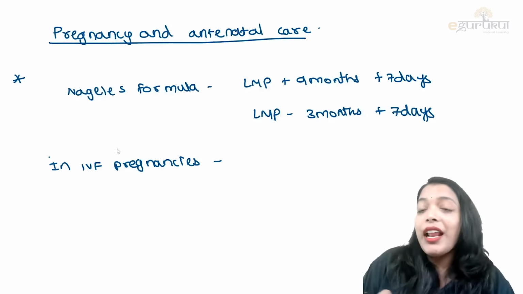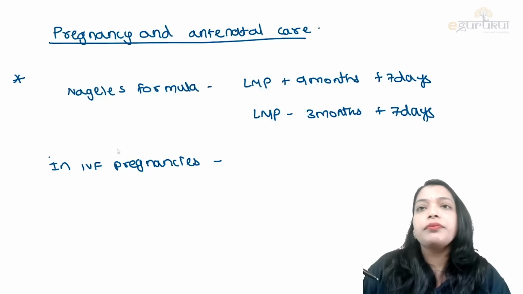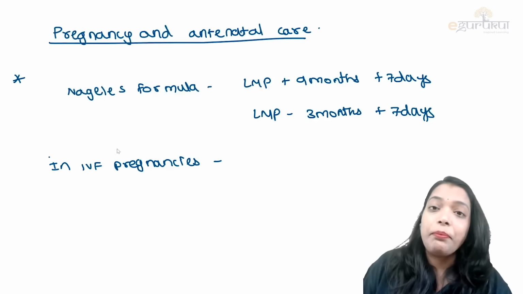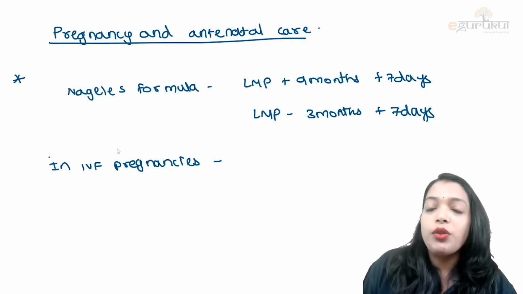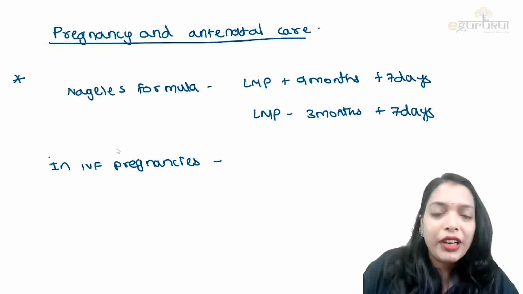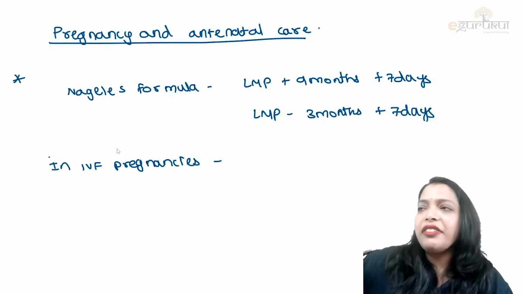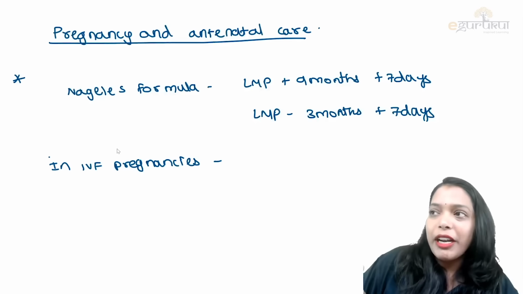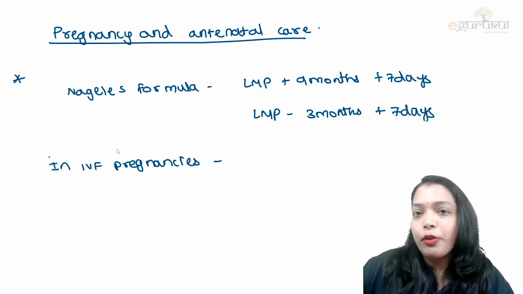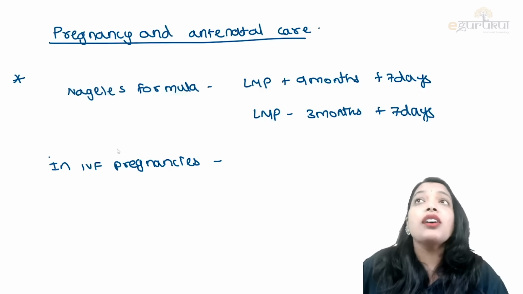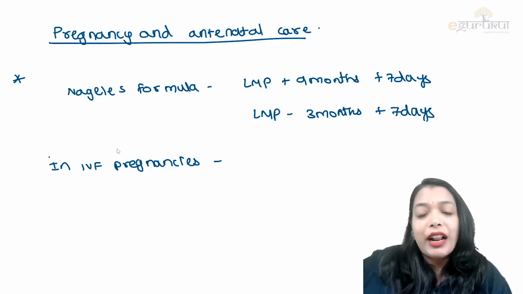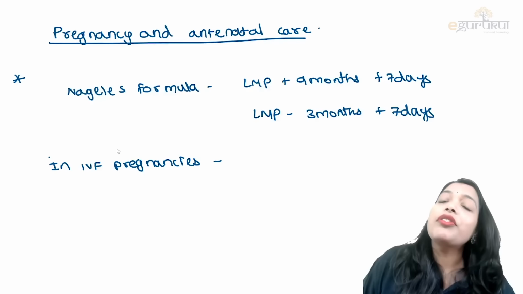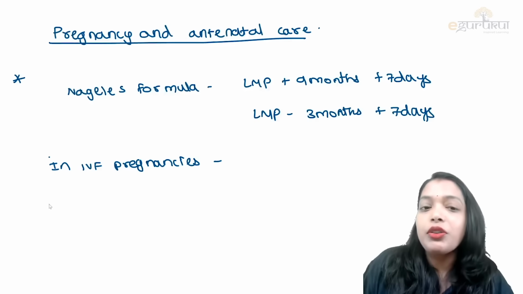Now in IVF pregnancies, we almost always don't know her LMP, and even if we know, from there we are doing the ovulation induction for her. So that first half might be variable, because you might be giving different antagonist protocols, agonist protocols, right? Or sometimes you just do the direct embryo transfer, you freeze the embryos this pregnancy and you transfer in the next pregnancy. So how do we calculate the expected date of delivery for those patients?